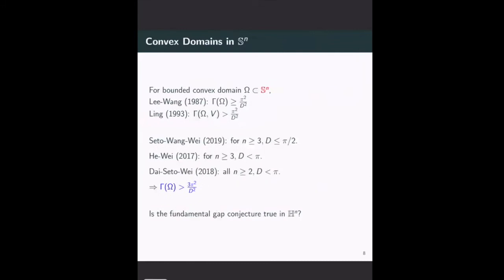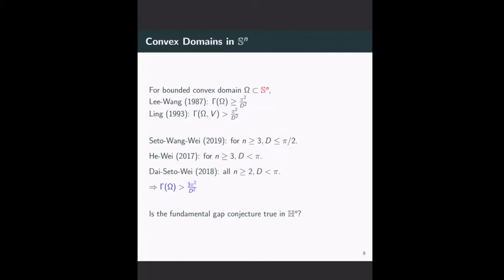For a convex domain in Sn, so now it's not Rn, but Sn, it took, so you see there's a big gap between 93 and 2019. And the reason is that all the things after 2011 use the same method as the Andrews-Clutterbuck proof of the fundamental gap conjecture.